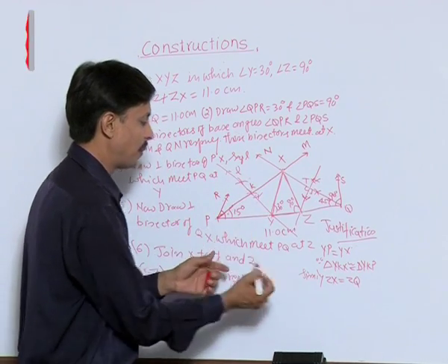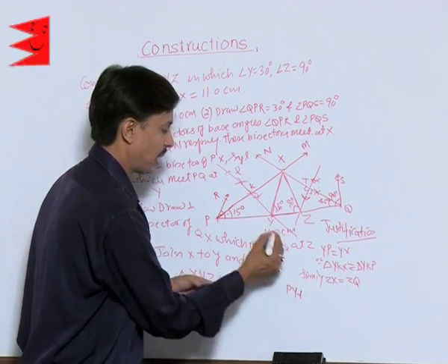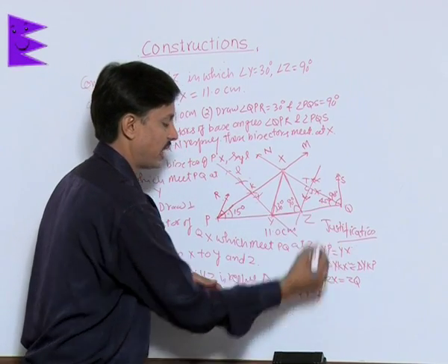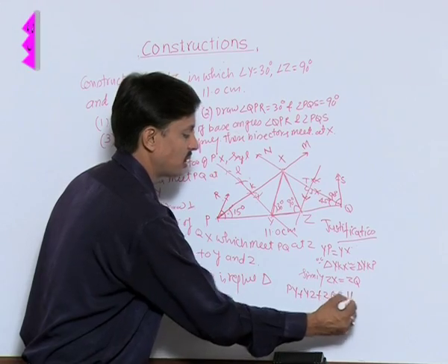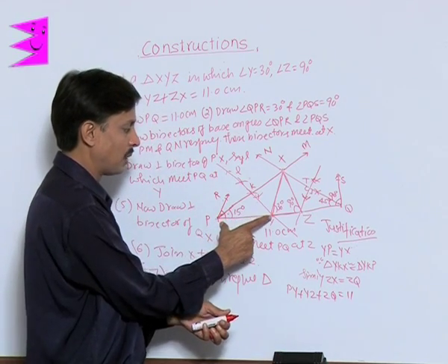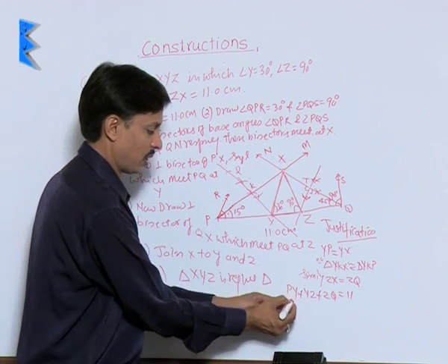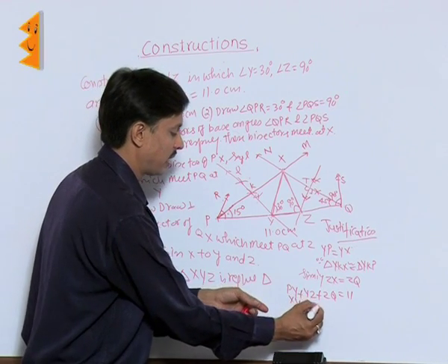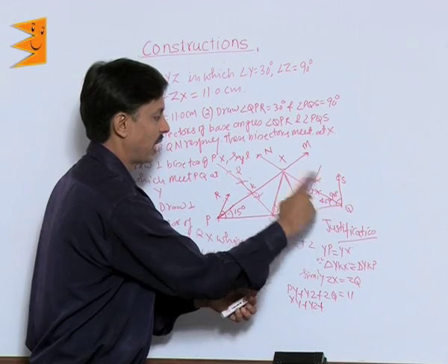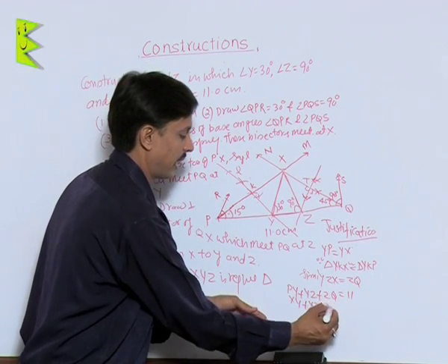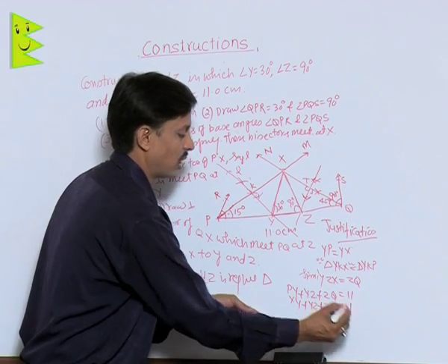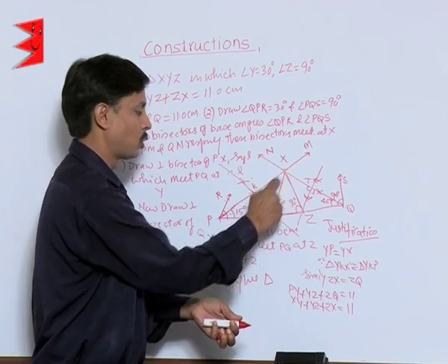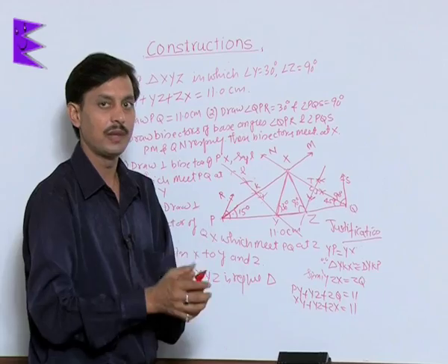As the sum of PY plus YZ plus ZQ is 11, in place of PY I can say XY, in place of ZQ is ZX. Hence XY plus YZ plus ZX becomes 11. So the perimeter of this triangle becomes 11.